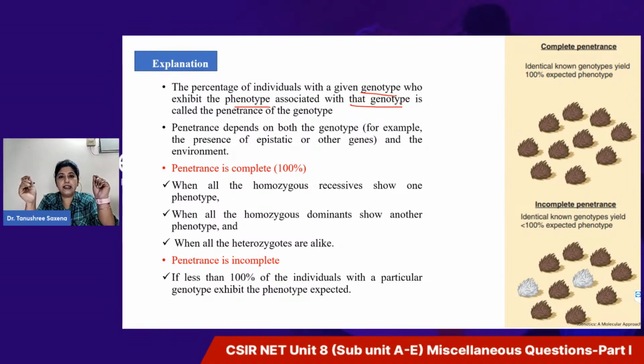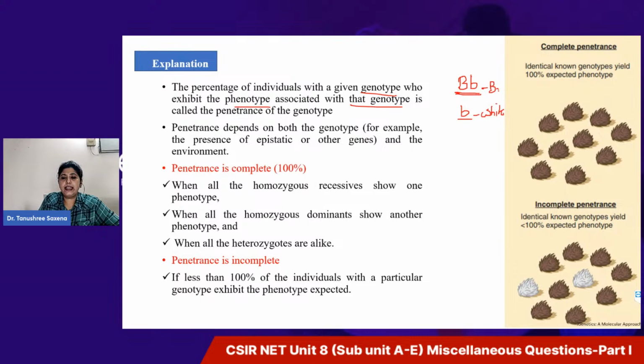In a very simple sense, penetrance is always denoted in percentage, and when all individuals show the phenotype which they are capable of showing, then we say penetrance is 100%. For example, let's say we have an allele B for brown color of the leaves, a dominant allele, and a recessive allele for the white color of the leaf.